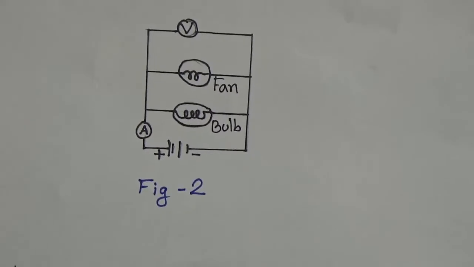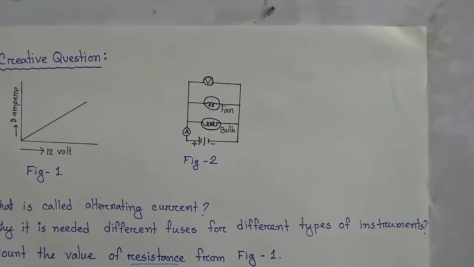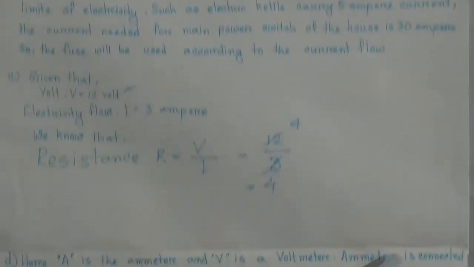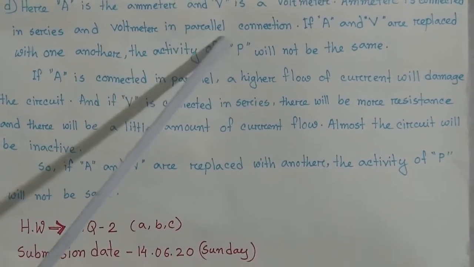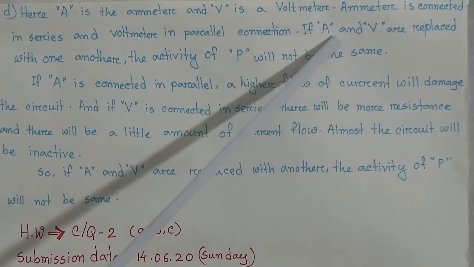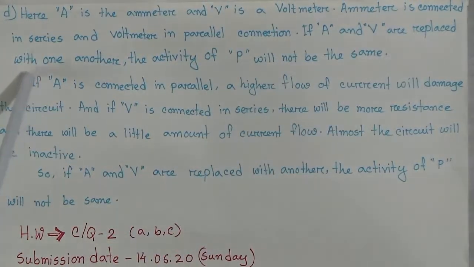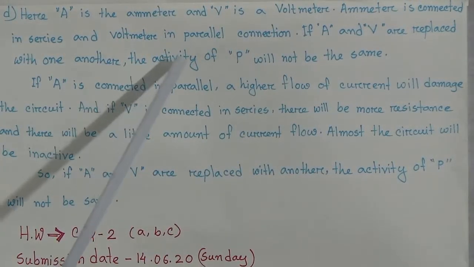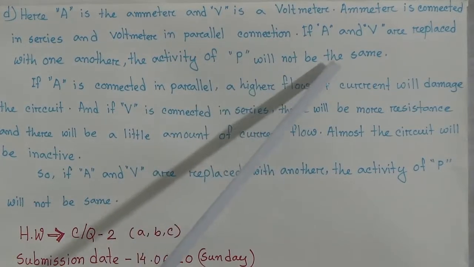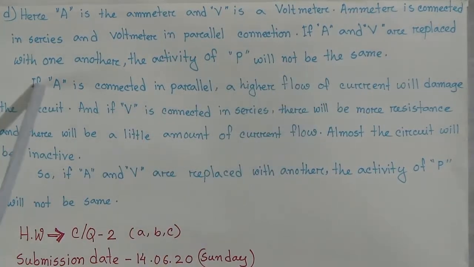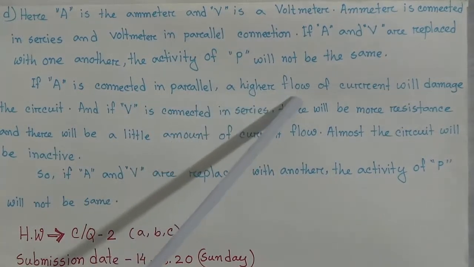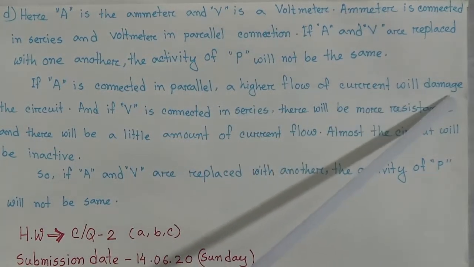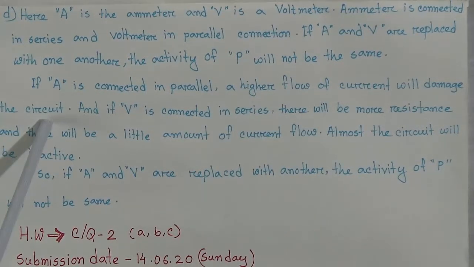Here A is the ammeter and V is the voltmeter. Ammeter is connected in series and voltmeter in parallel connection. If A and V are replaced with one another, the activity of P will not be the same. If A is connected in parallel, a higher flow of current will damage the circuit.